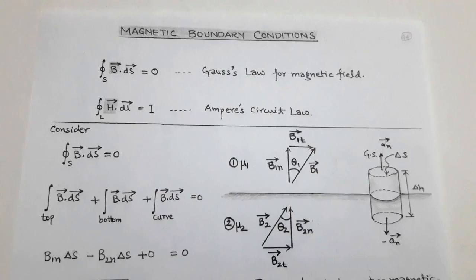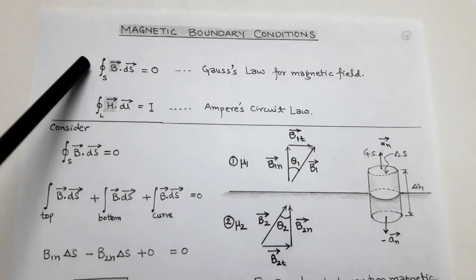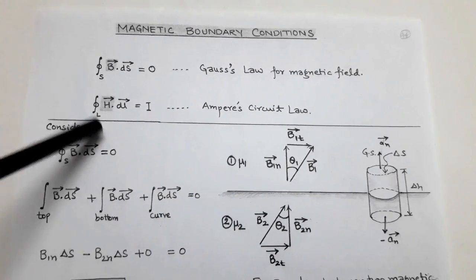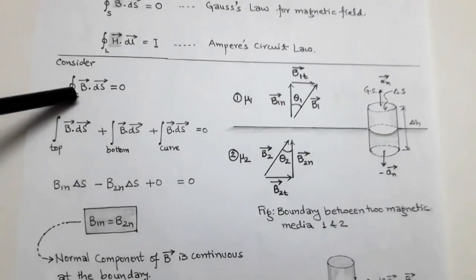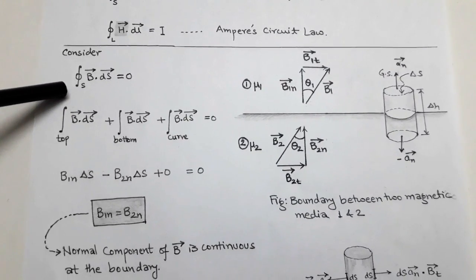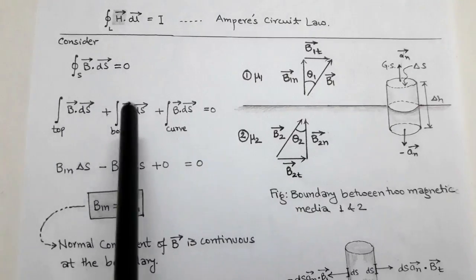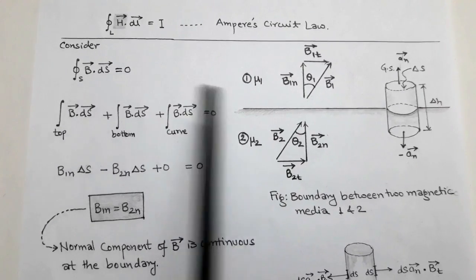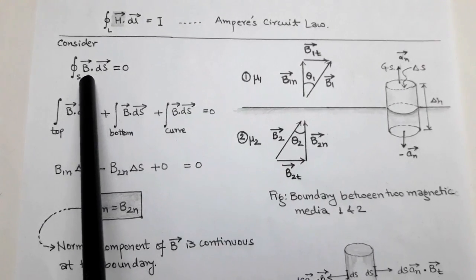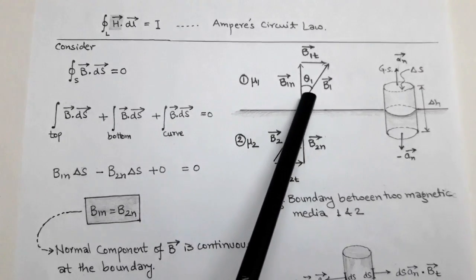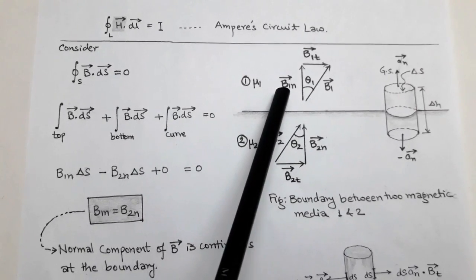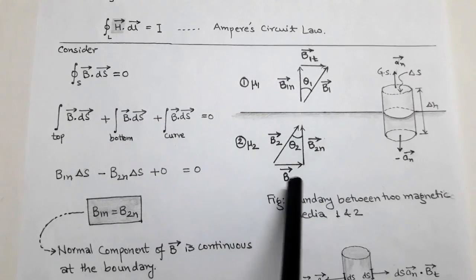So first we use Gauss's law for magnetic field, that is closed surface integration of B dot ds equals 0. Here the magnetic field is the magnetic flux density B vector. The first step is we have to break the magnetic flux density B into two parts, a normal component and a tangential component.